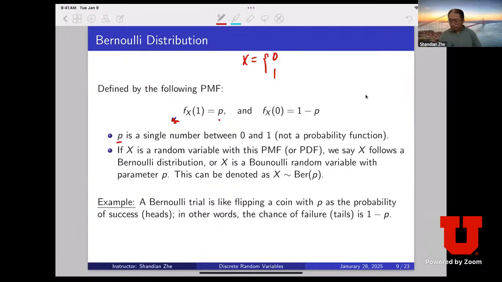Okay, so in some literature, you might see a more uniform form for this, right? You might see the Bernoulli distribution expressed with the PMF in this way: f(x) equals p to the power of x, times 1 minus p to the power of 1 minus x. Why is this correct? Or why is this equivalent?